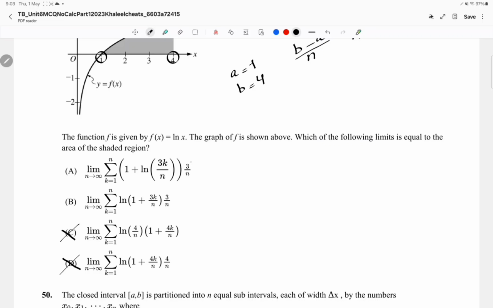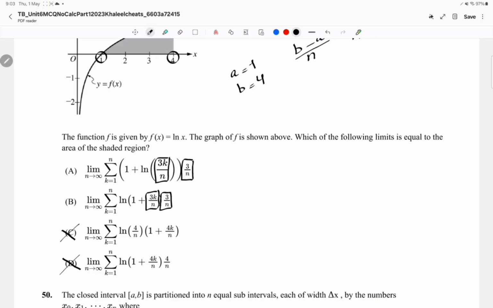Number 2, if the outside is 3 over n, okay, and the inside is identical to it, but just with a k, then your life is going to be easy. But now this happens here in A and also in B. So what's going on exactly?